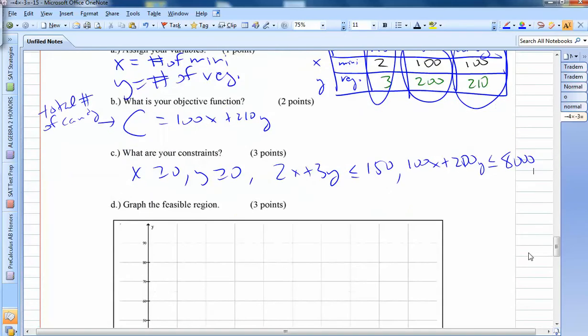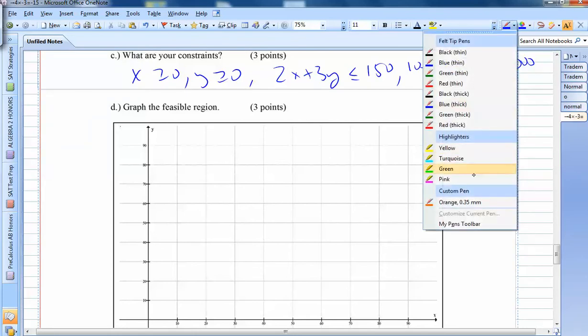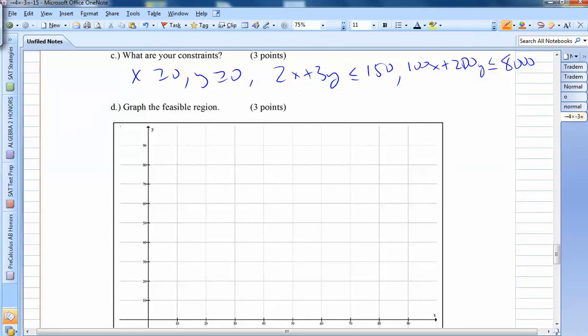Now when we graph, the best way to graph is to make intercepts, because the intercepts could represent a vertex that we'll have to use in our feasible region. So here you have 75, here you have 50, here you have 80, here you have 40.